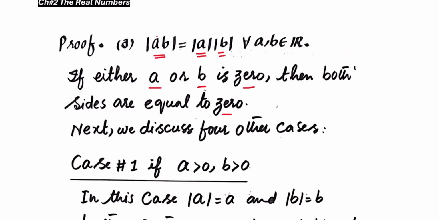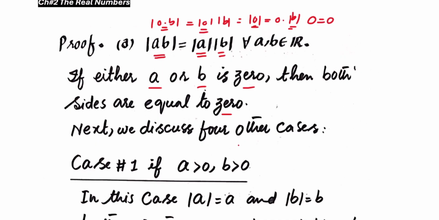Suppose A is 0, then the left hand side becomes absolute of 0 into B, and the right hand side becomes absolute of 0 into absolute of B. So 0 into B is 0, and the absolute value of 0 is 0, so the right side is 0 into absolute of B, which is equal to 0. So both sides are equal to 0.